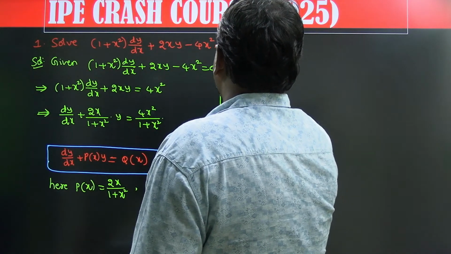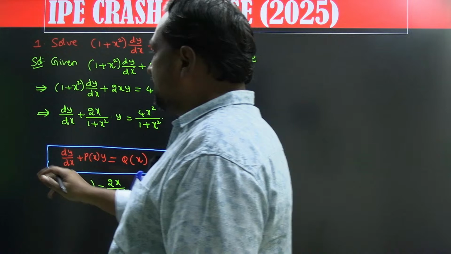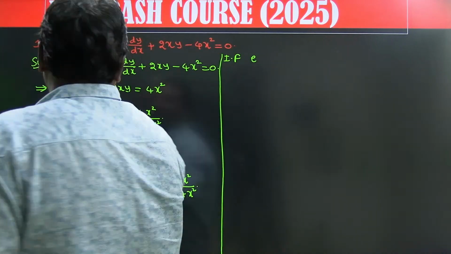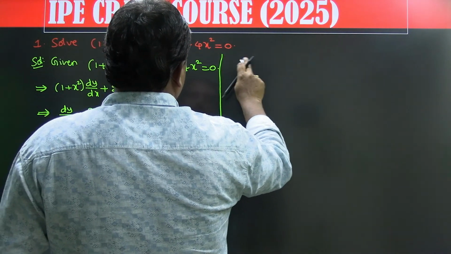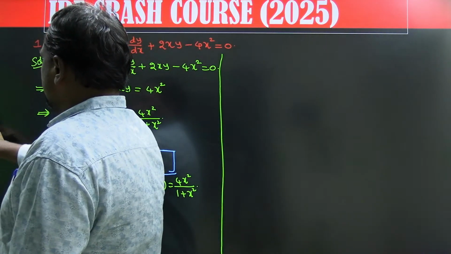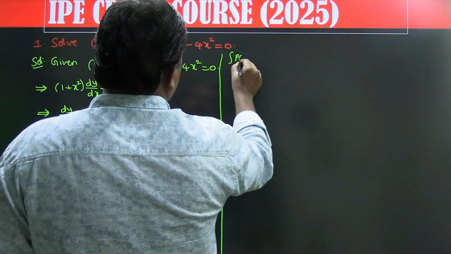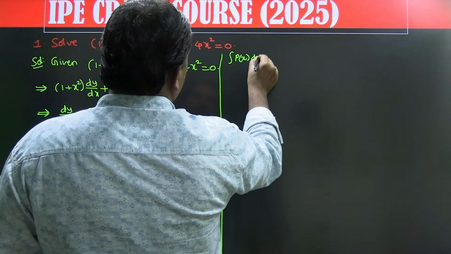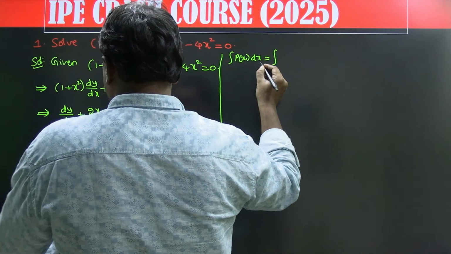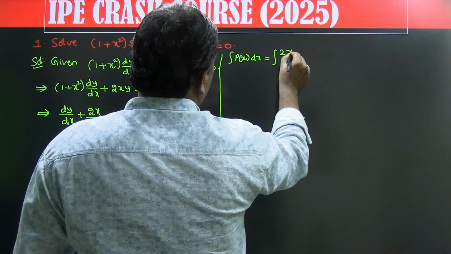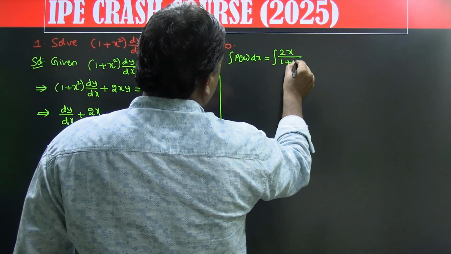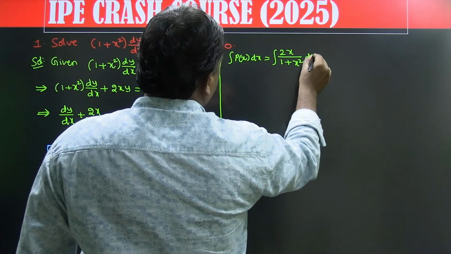Integrating factor is e power integral of p of x dx. Integral of p of x means integral of 2x by (1 plus x square) dx.